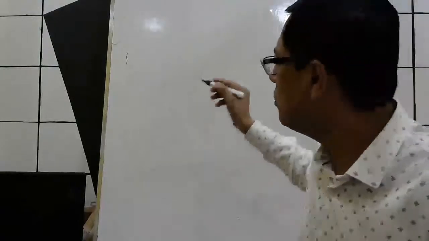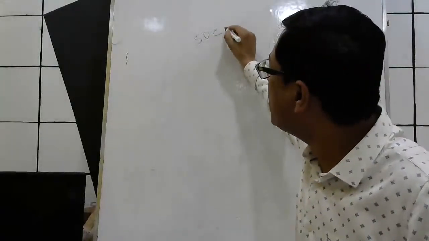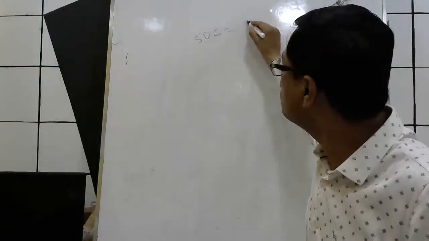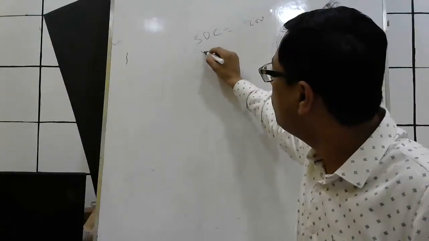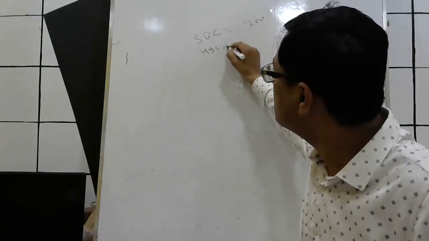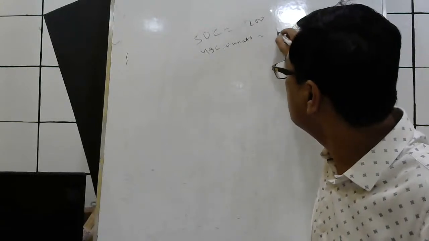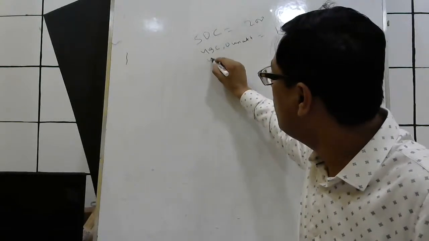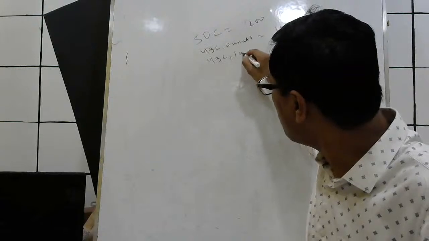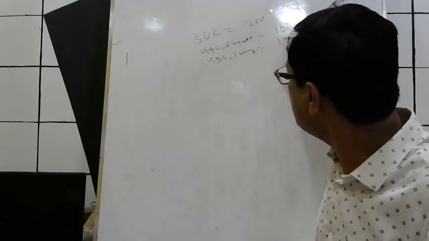Okay, so what do we know? 50 correct, we know 200. 49 correct, 0 unattempted, 196. 49 correct, 1 wrong, 195.